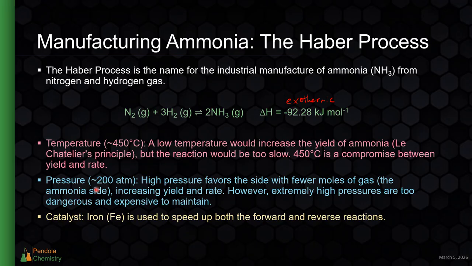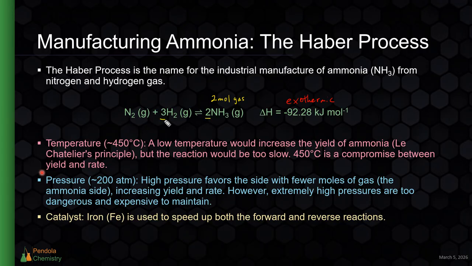Pressure is around 200 atm. And again, that's because high pressure is going to favor the side, according to Le Chatelier's principle, with fewer moles of gas. In this case, that would be the ammonia side. The side with ammonia, the product side in the way that we wrote this, only has 2 moles of gas, which are the 2 moles of ammonia.